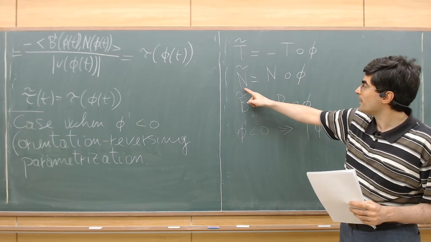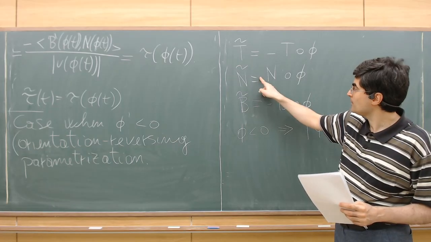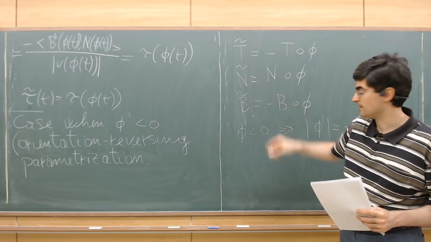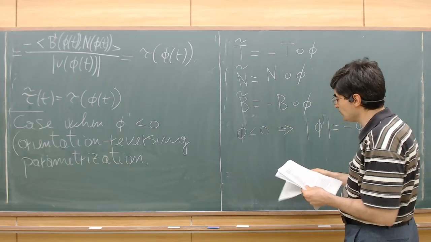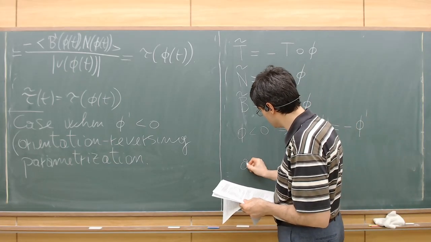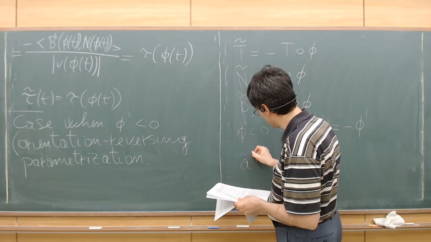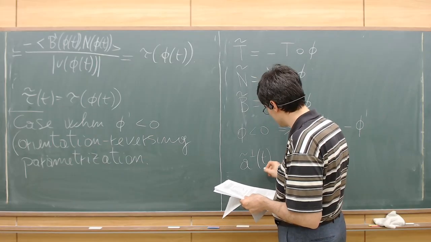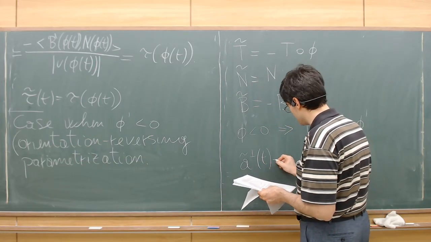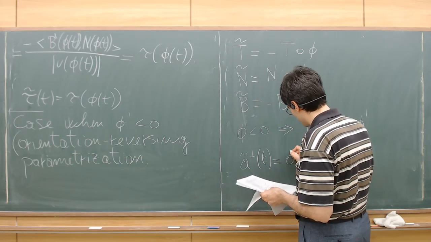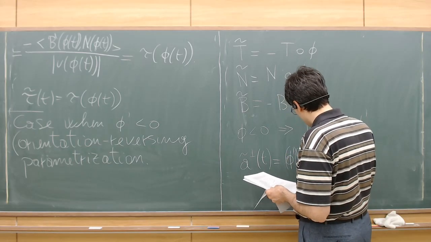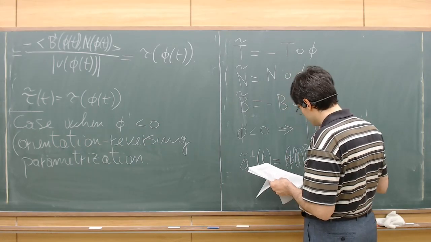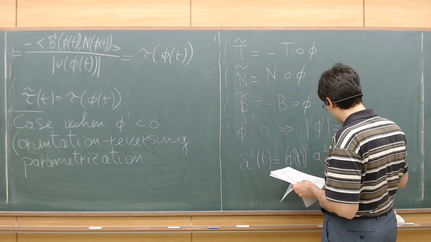The reason why you don't get a minus sign in the formula for n tilde is that in the formula for the acceleration, you have phi prime of t squared times a orthogonal of phi of t.